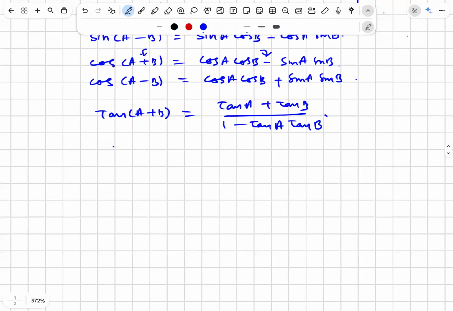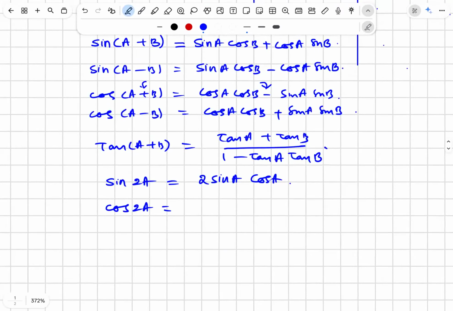Next part, sin 2A. Yes, 2 sin A cos A. Cos 2A: everything is here only. In the place of B, I'm substituting A. That's all. I'm not doing anything new.